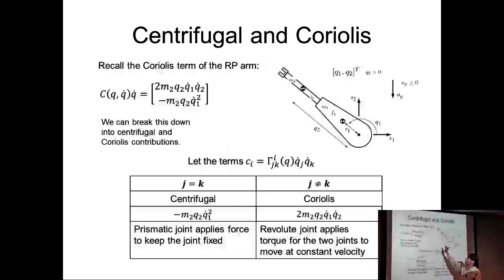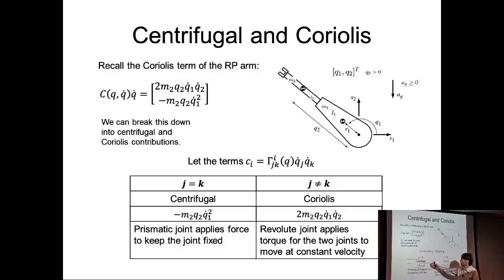So if you want to see where the Coriolis and centrifugal terms are encoded inside this Coriolis matrix, what we do is we introduce this other term here. It's called the Christoffel symbol. It actually has 3 indices, i for the ith generalized coordinate, and then j and k, where if j is equal to k, it's a centrifugal force, and if j is not equal to k, it's a Coriolis force.